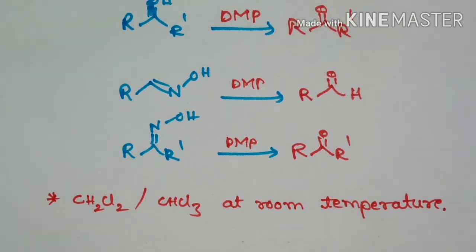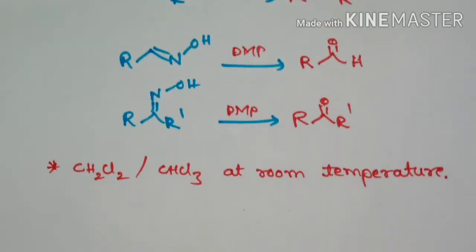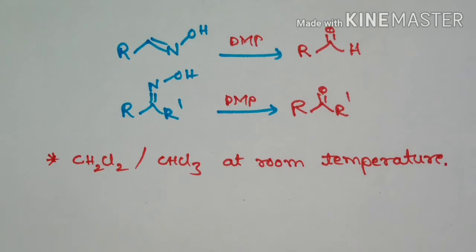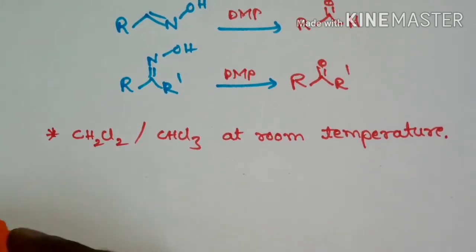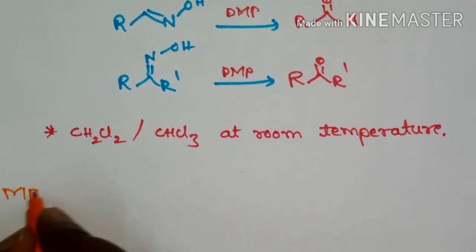Now it's time to see the mechanism of how this Dess-Martin periodinane is going to oxidize alcohol.